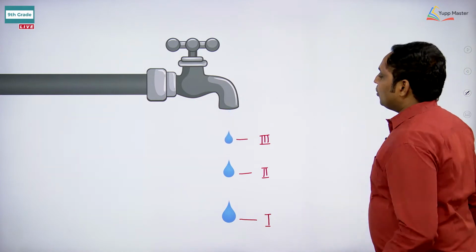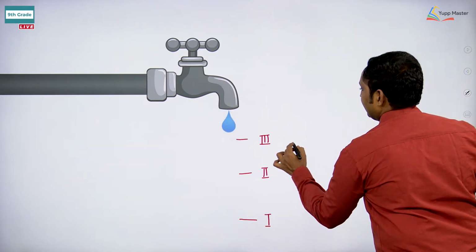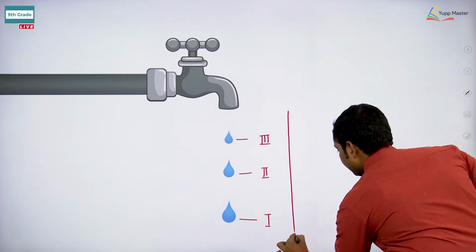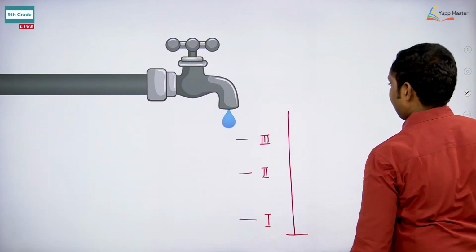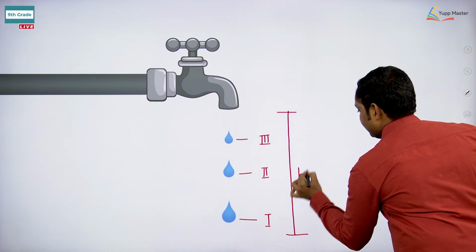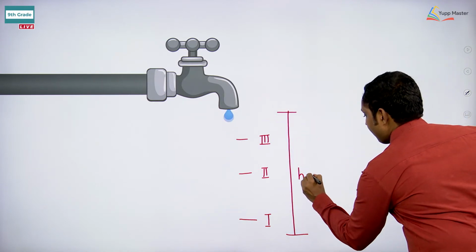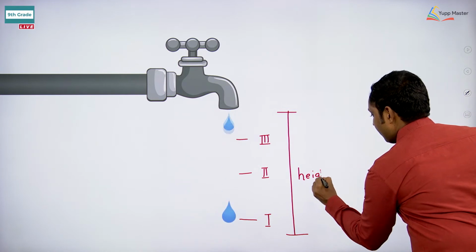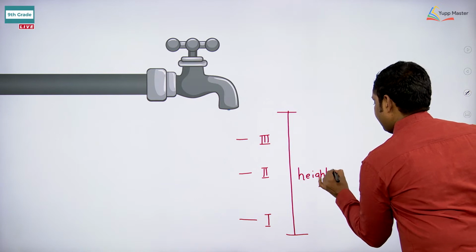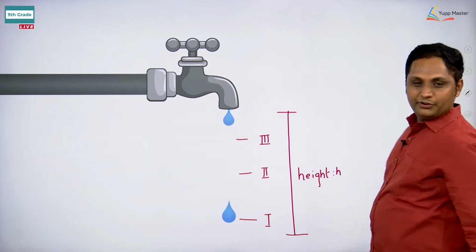So, they are going to ask, you have to note that this is the height, they have given that height h. Just you have to take that h. Let us assume it is okay.